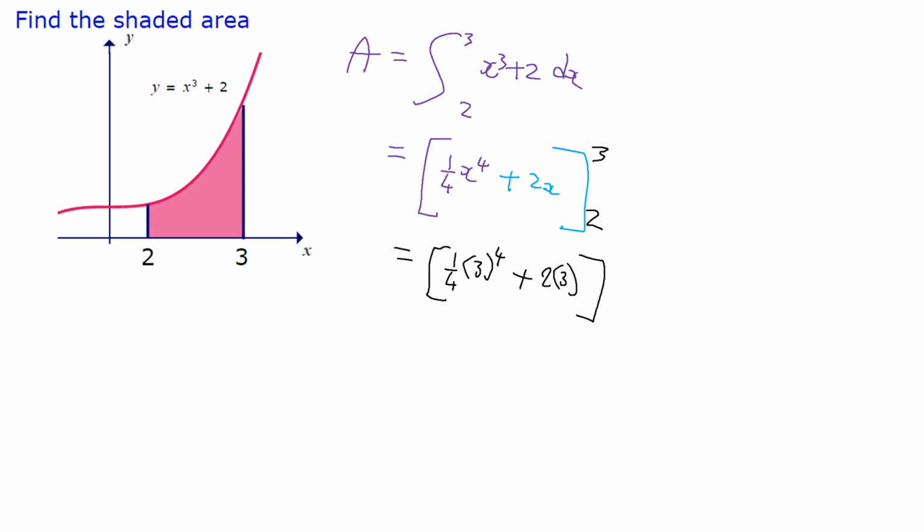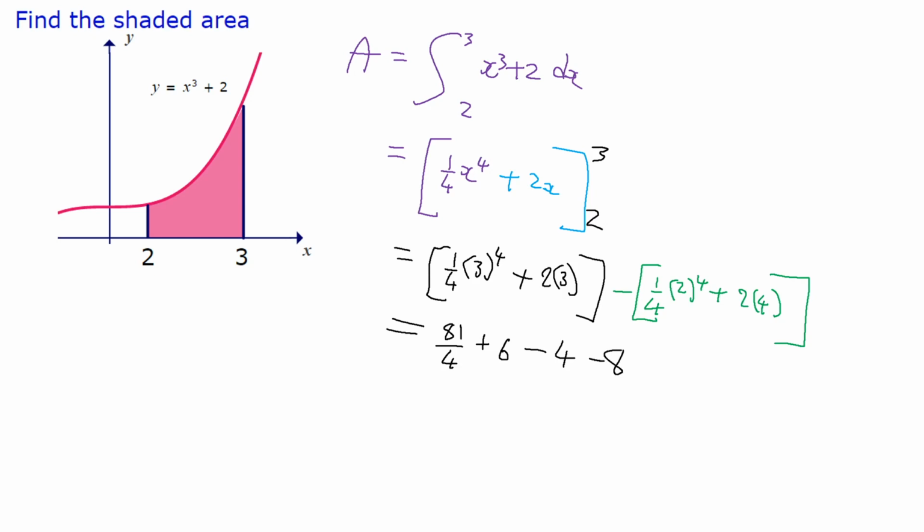And then we're subtracting it from 1 over 4 times 2 to the 4 plus 2 times 4. Okay? And now let's carry out those substitutions. That will be 81 over 4 plus 6 minus 4 minus 8.